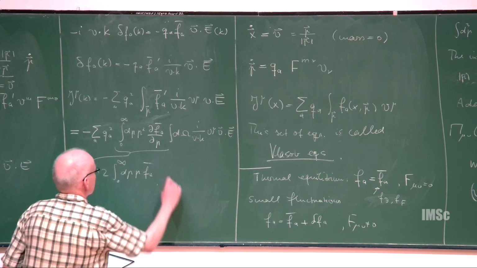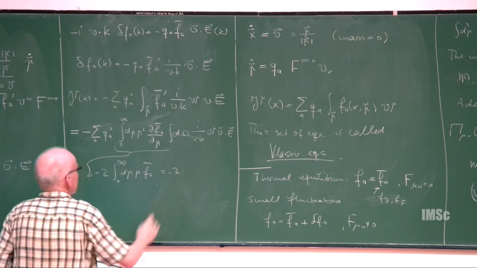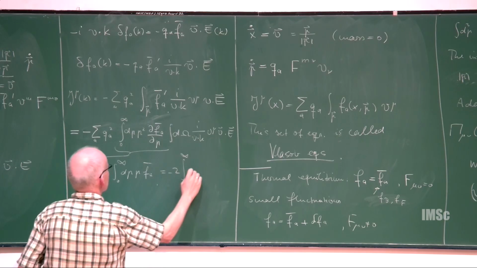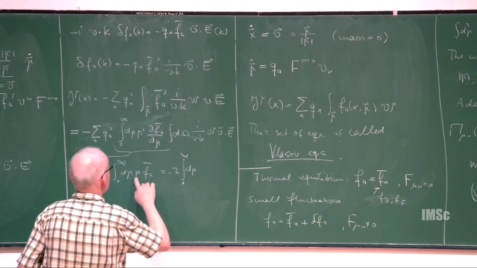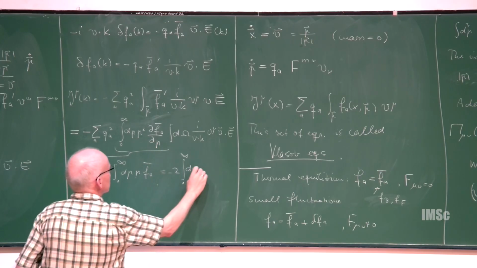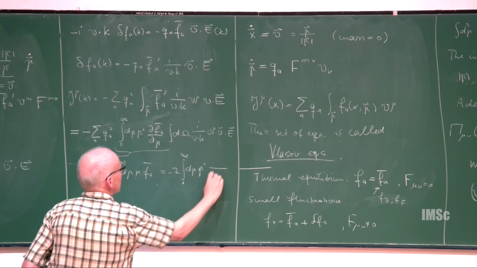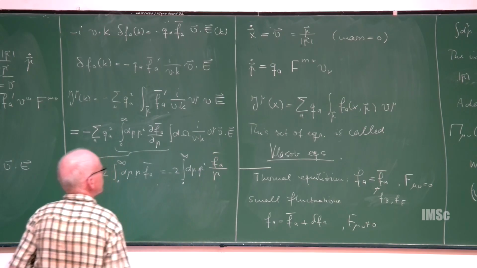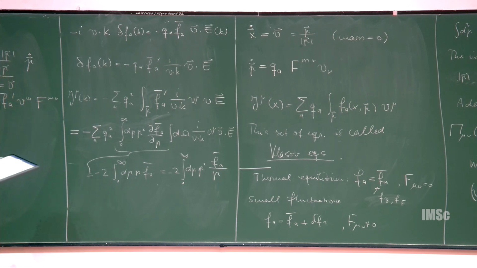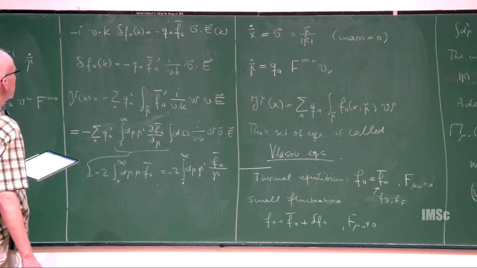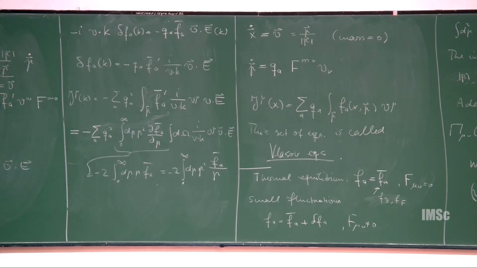So we can write that as minus 2 times the integral from 0 to infinity dp. Let me write this in the form of the original integral: put p squared here, so I have to divide by p, f_a bar.